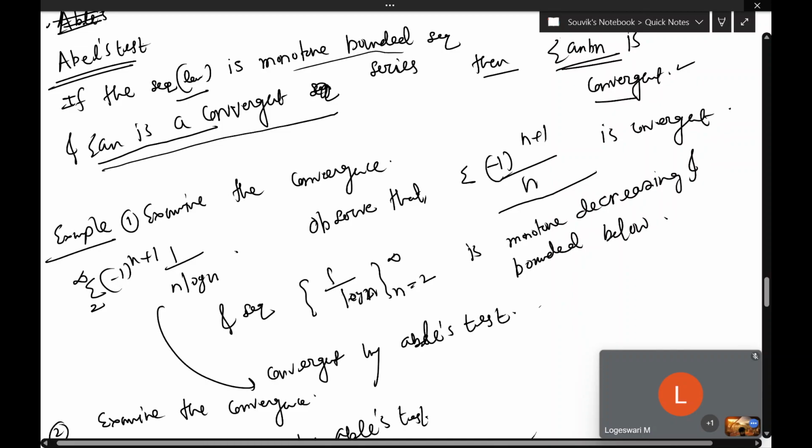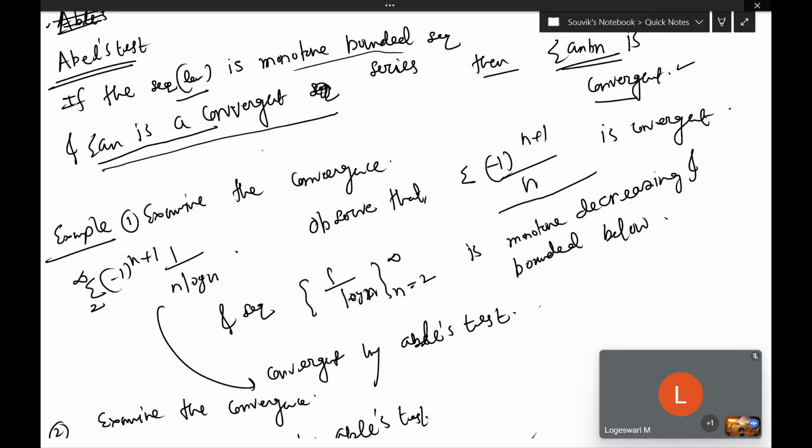For example, the summation from 2 to infinity of (-1)^(n+1) times 1/(n log n).